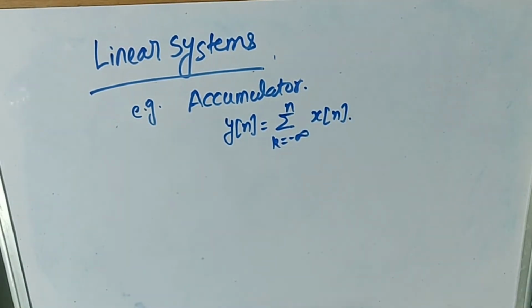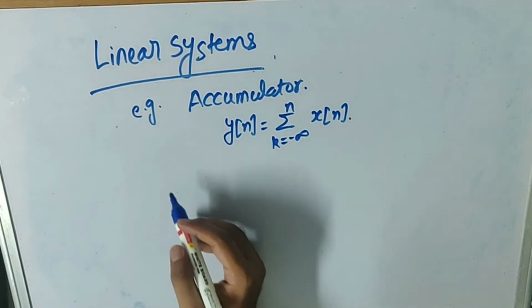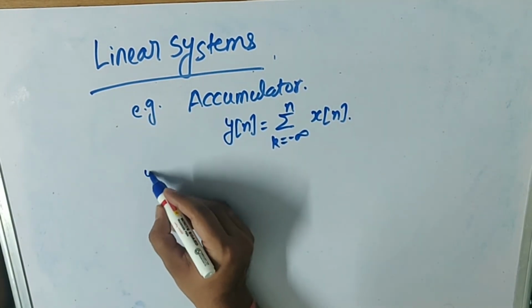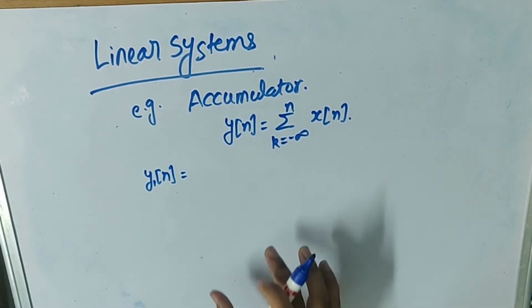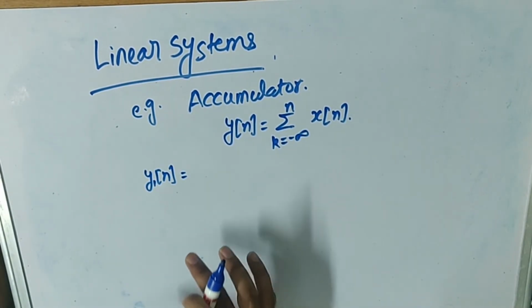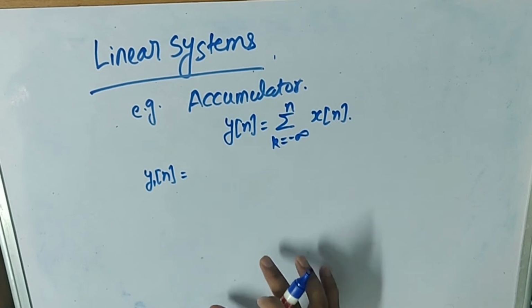Let's check whether this system is linear or not. The way to check this is as follows. First we will write individual system output for individual system input.